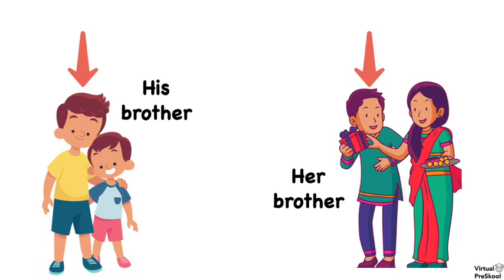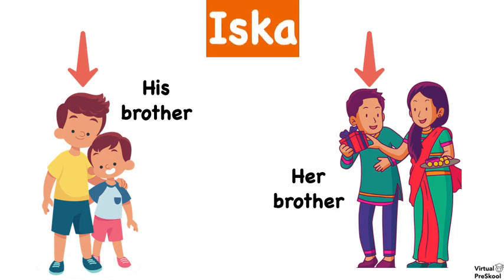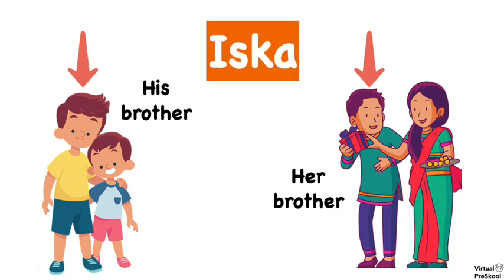Because this is super different than how we speak in English. But it depends on who or what you are talking about and whether that person or thing is a pull noun or a stree noun. That's the way that it works in Hindi. So this one is Iska for both of them because brother is a pull noun.